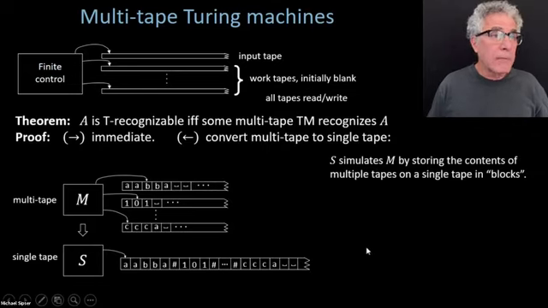So that's what the single tape Turing machine's tape is going to look like during its computation: the information represented in these blocks, capturing all of the information that the multi-tape Turing machine has.